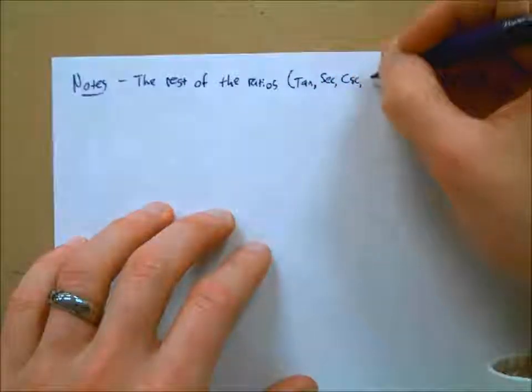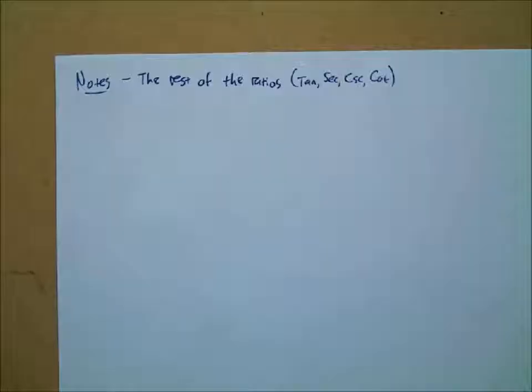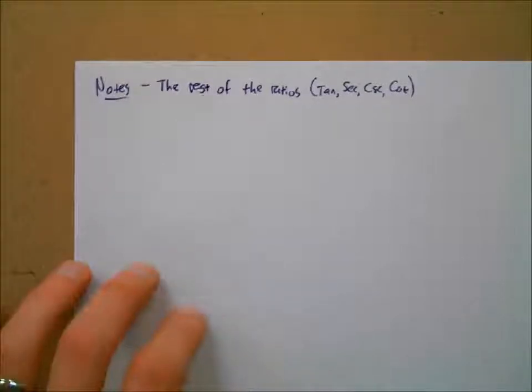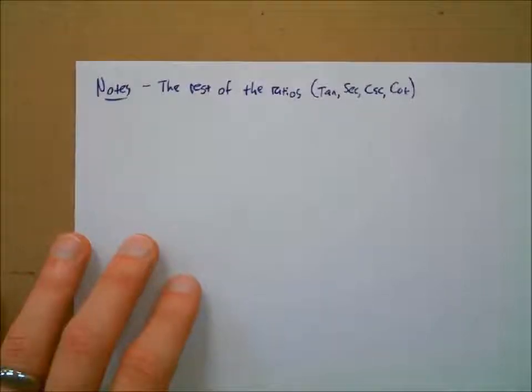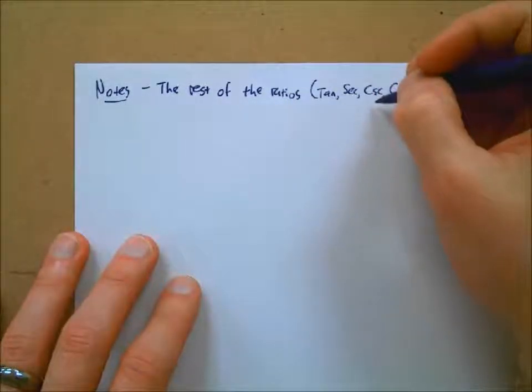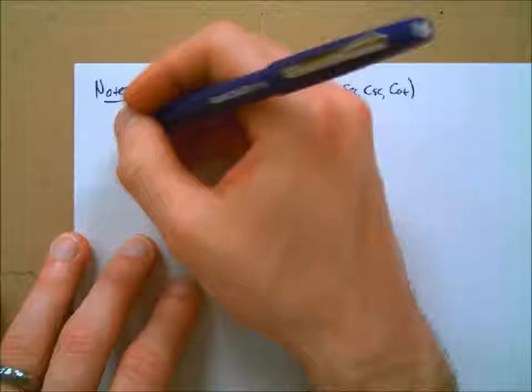That's the 4 other ones we'll be looking at. So, first of all, for secant and cosecant, well, actually, I'll hold off on that. Let's just worry about tangent right now. We'll focus on tangent.